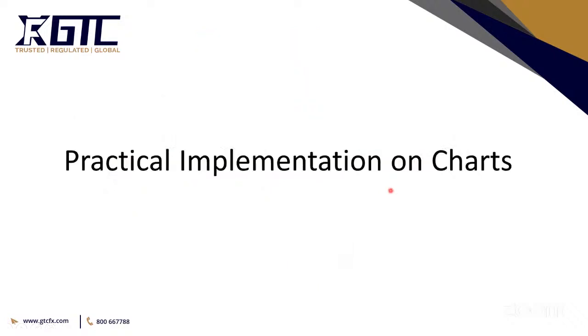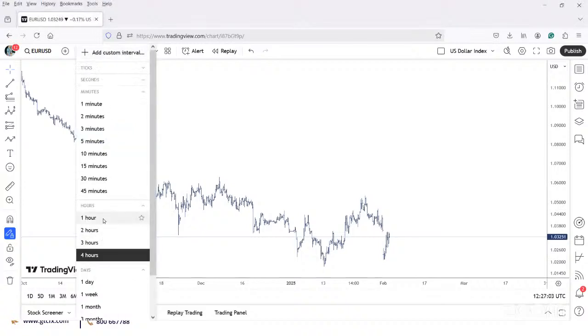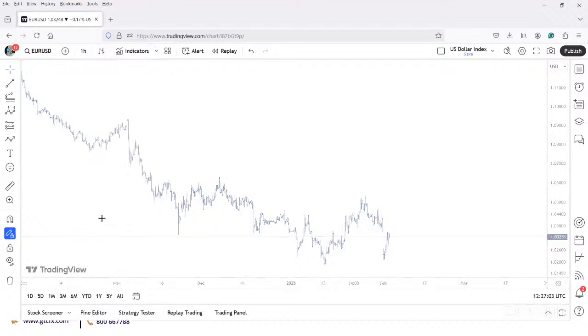Now let's get down to the practical implementation. This is where the story becomes so much fun. Believe it or not, time and again, over and over, we've been playing these stories. I'm going to take you through a rising market first.